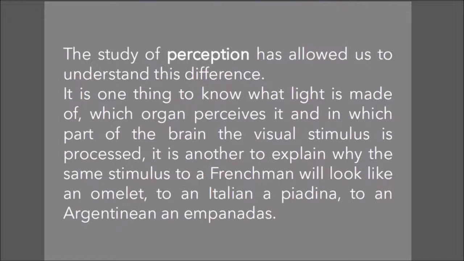The study of perception has allowed us to understand this difference. It is one thing to know what light is made of, which organ perceives it, and in which part of the brain the visual stimulus is processed. It is another to explain why the same stimulus to a Frenchman will look like an omelette, to an Italian a piadina, to an Argentine an empanada.